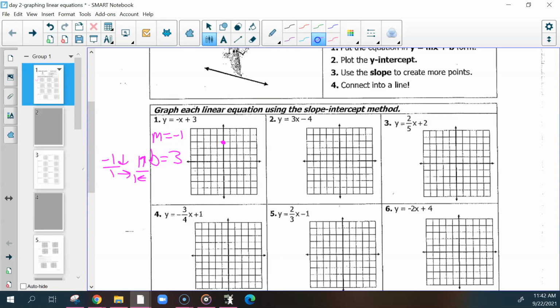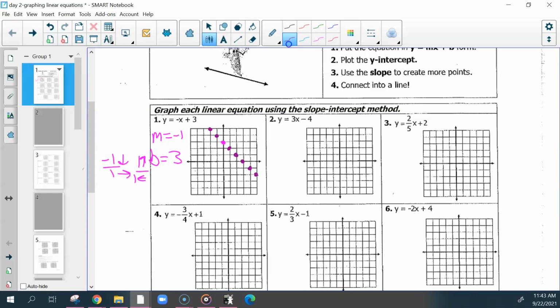And then because I know my slope is -1 over 1, from that point, I'm going to go up 1, left 1, as many times as I can, and put a dot every time I go up 1, left 1. Once I run out of space, I'm going to go back to my y-intercept and go down 1, right 1, as many times as possible until I run out of space.